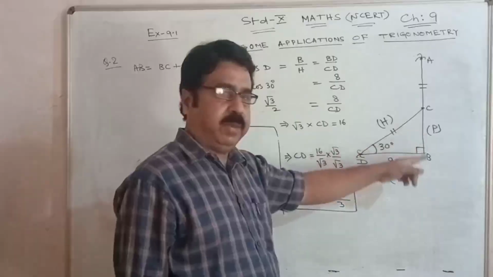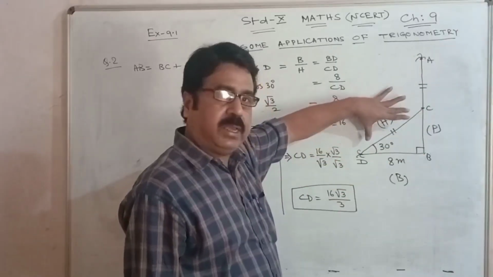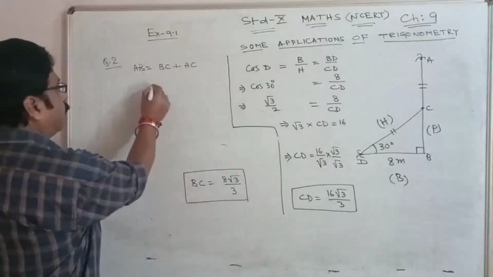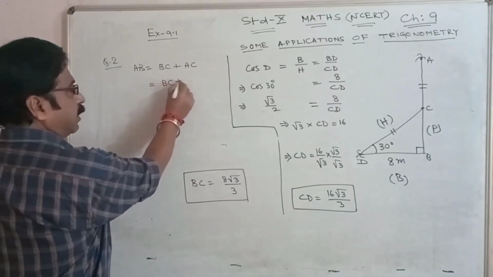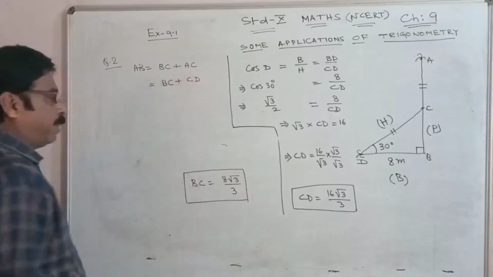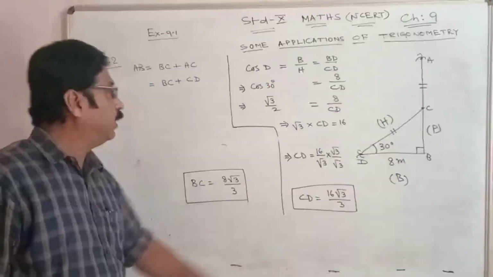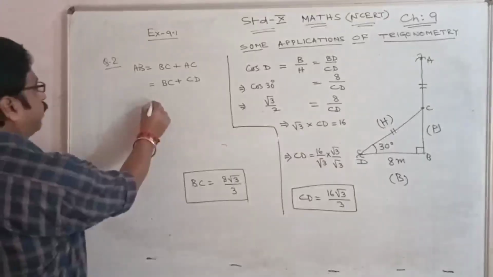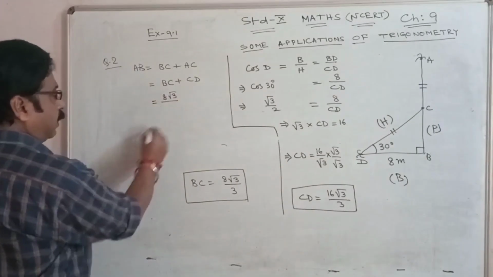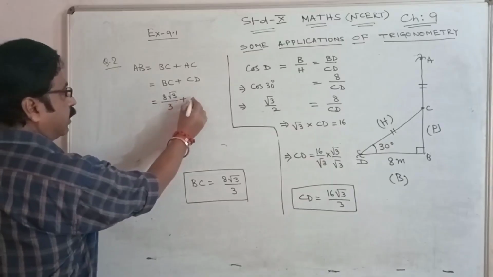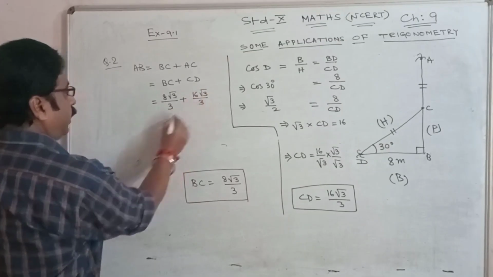Total is AB. That means BC plus AC. Now AC and CD are equal, so we can write BC plus CD. Now we know the values of BC and CD. BC is 8 root 3 upon 3 and CD is 16 root 3 upon 3.